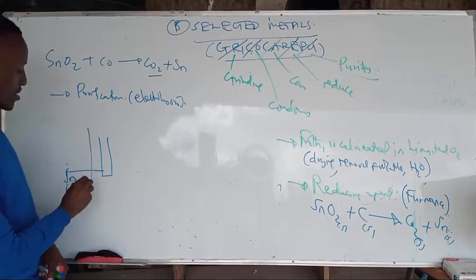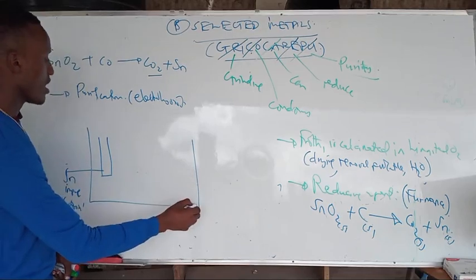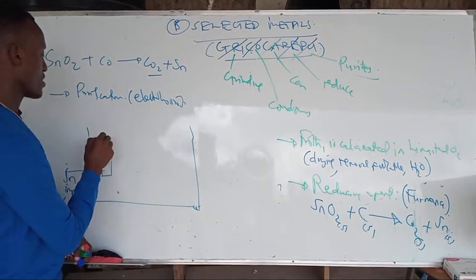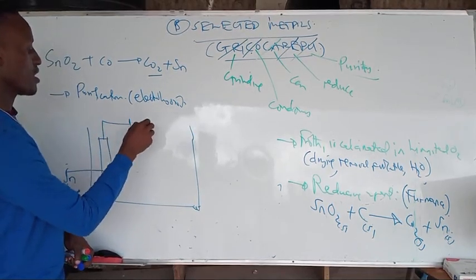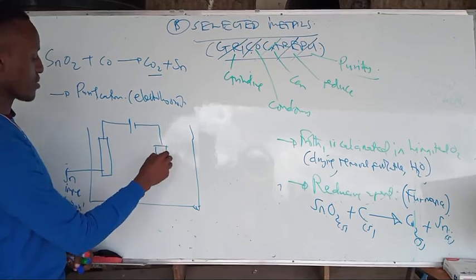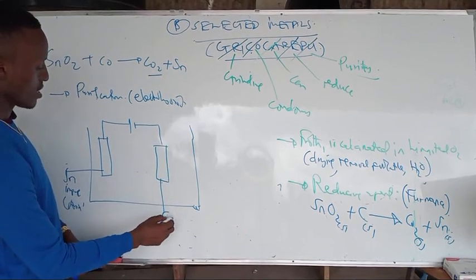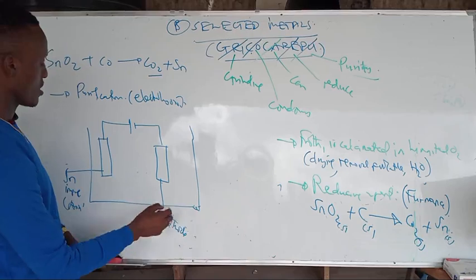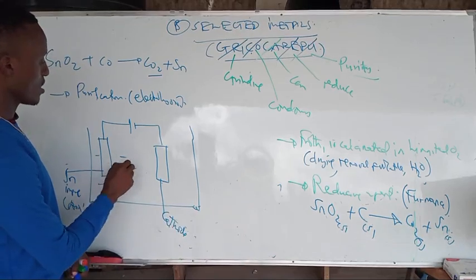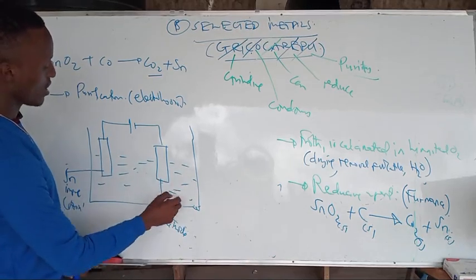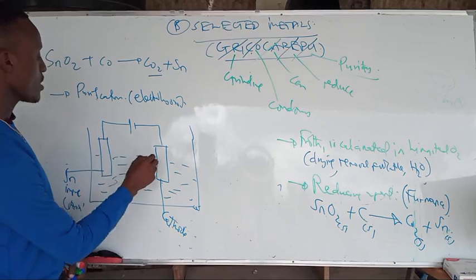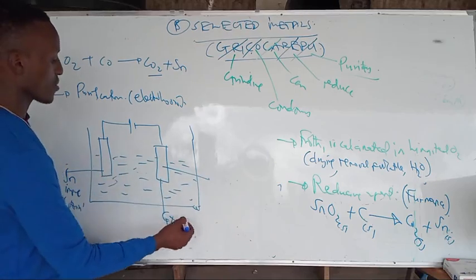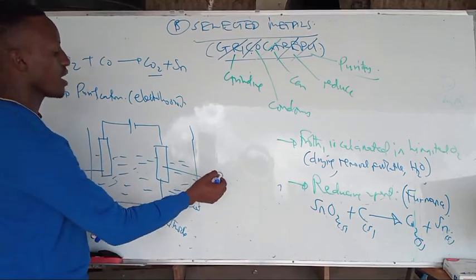How do you know the anode? You just mark it as the positive. The negative will be the cathode, which is now the pure side.